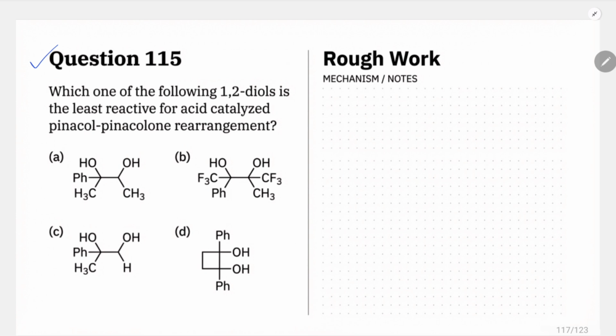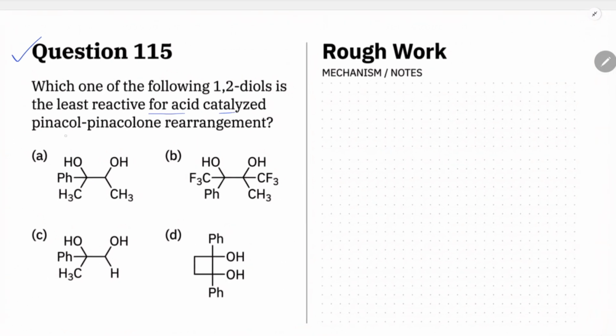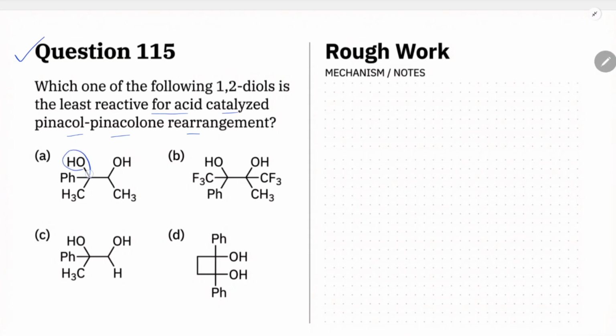In question number 115, which one of the following 1,2-diols is least reactive for the acid catalyzed pinacol rearrangement? So there is a possibility of pinacol rearrangement. We have to find which is least reactive to it. First of all, in the substrate, if this water gets released, we get a tertiary carbocation also stabilized by phenyl resonance. In this case, when this group releases, there is also a 3 degree carbocation, but this group will destabilize the cation.